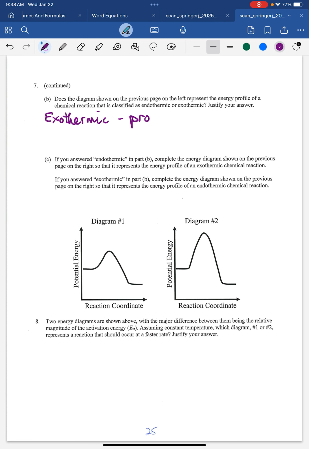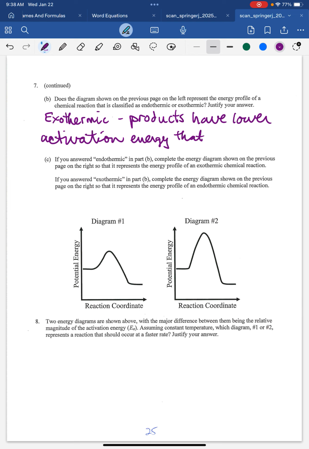Products have lower potential energy than reactants. Oops. Heat is lost.